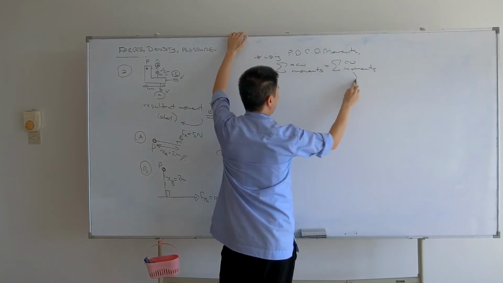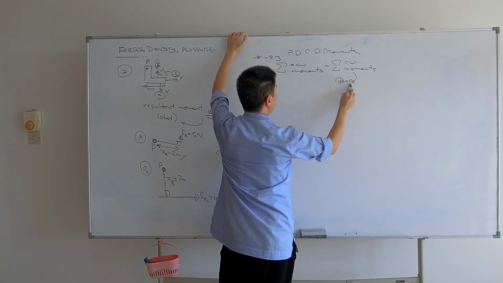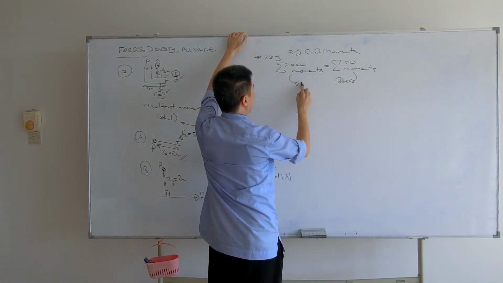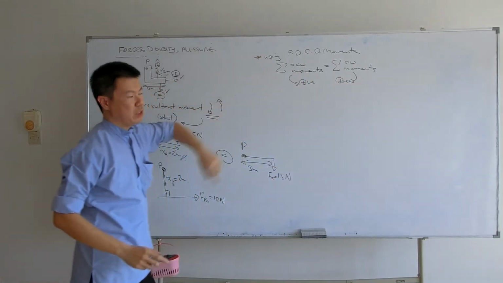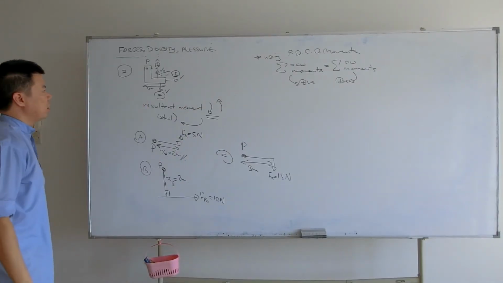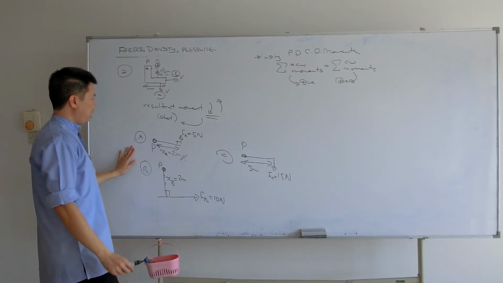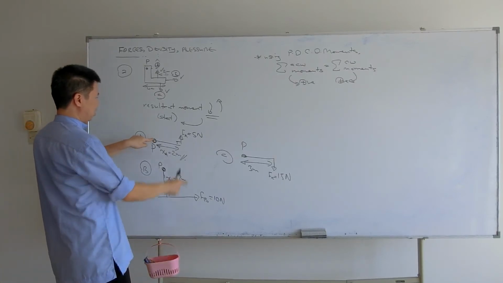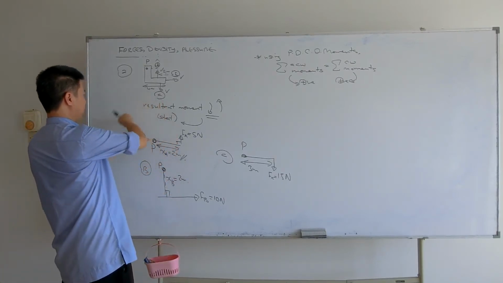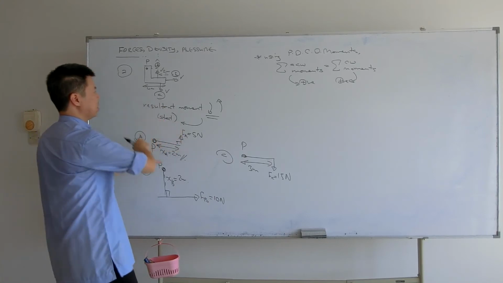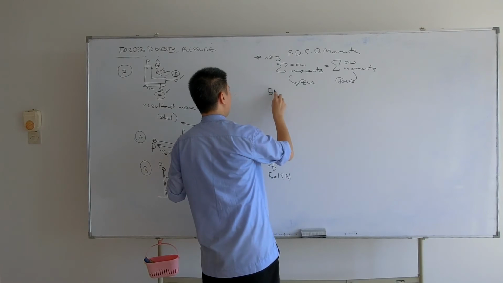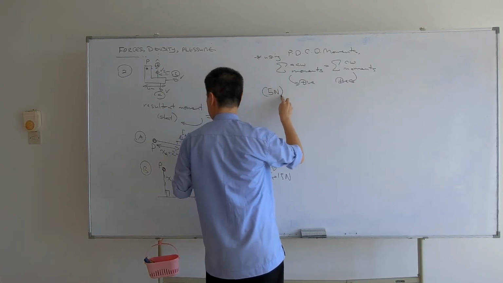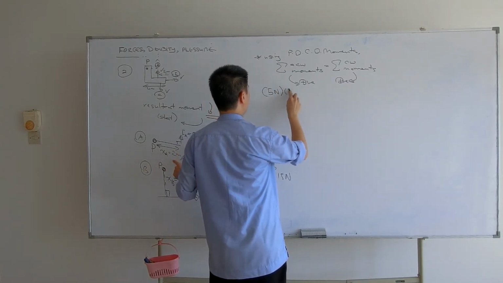Notice I always put the direction, so that at least I know I'm putting it in the correct location. Clockwise this and anti-clockwise. So you might as well do it as well. So we go to A. A is clockwise or anti-clockwise? Pivot doesn't move, so the force moves like this. So this is anti-clockwise. So we have 5 newtons times 2 meters.